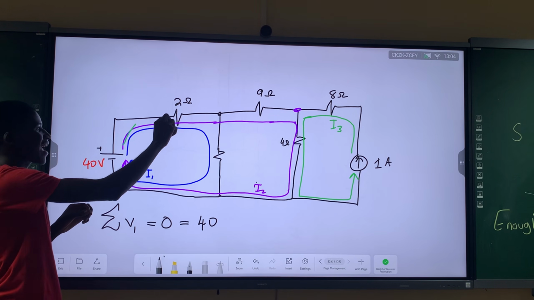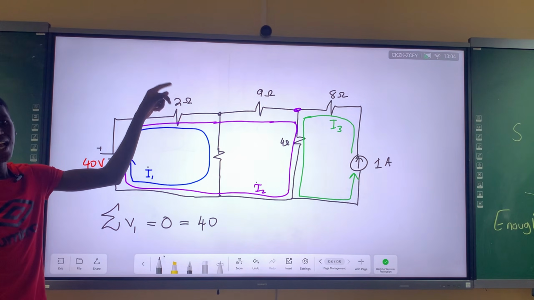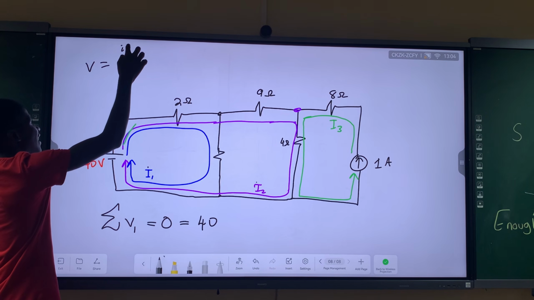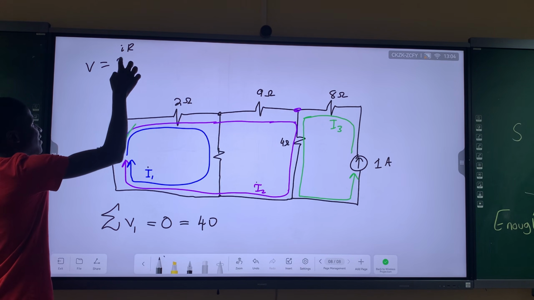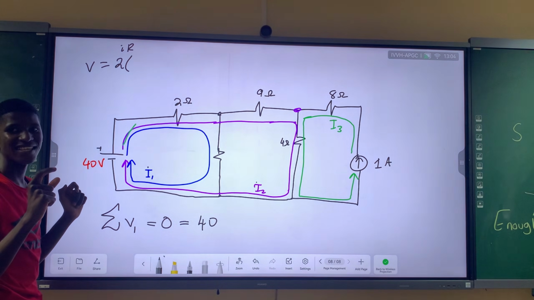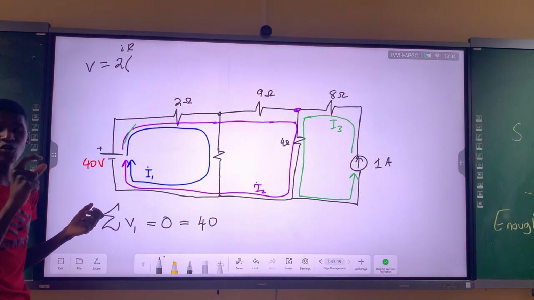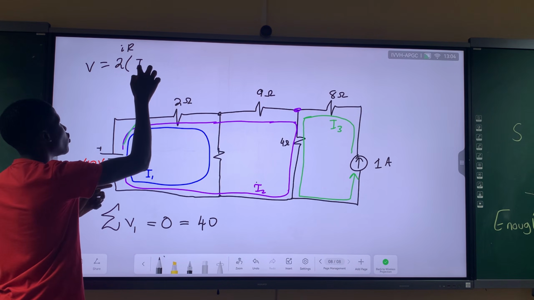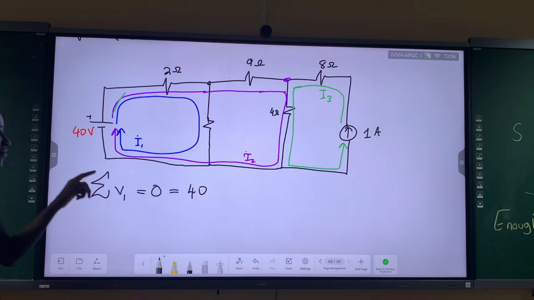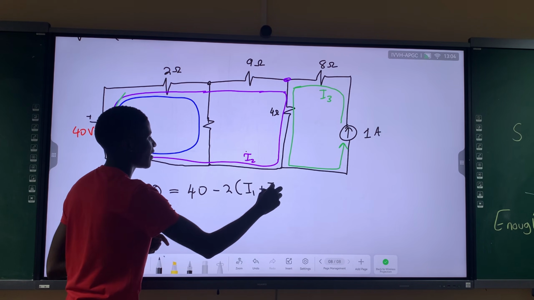And when we combine our currents here, we look at how many loops are affecting the resistor. In this case, our voltage we can get by saying current times resistance, and our resistance is 2 ohms. Our current, we're just going to take the loop currents. We know, yes, there is the total current, but let's just take the loop currents, loop current I1 and loop current I2. So you must substitute them as minus 2 times loop current I1 plus loop current I2.